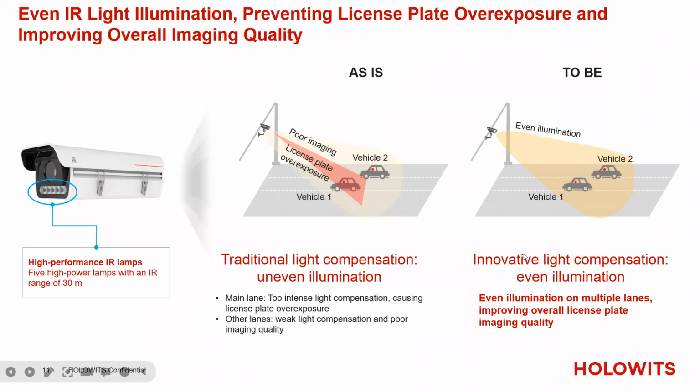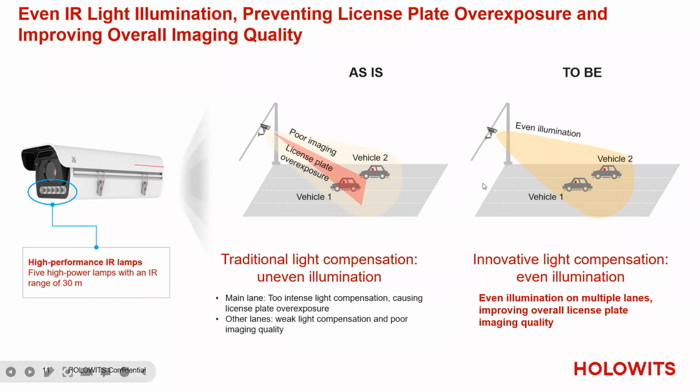Now, we talk about IR light on these cameras. Traditional light compensation always has an issue. They have uneven illumination, which makes the license plate overexposed and gets poor image quality.